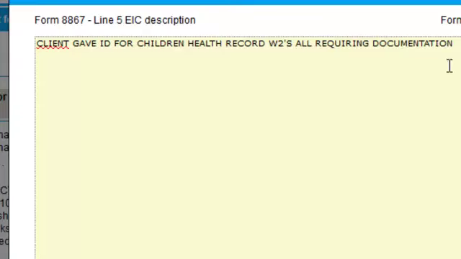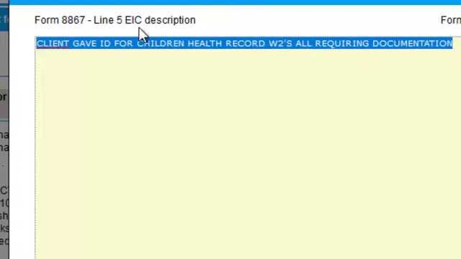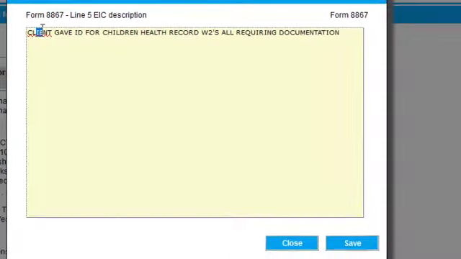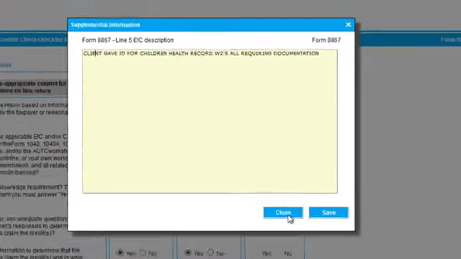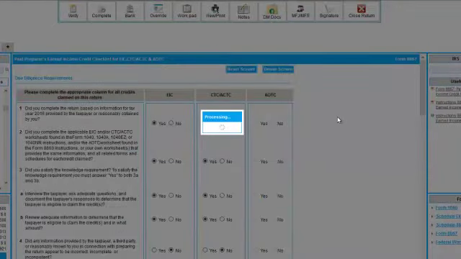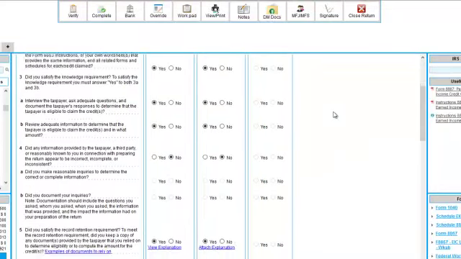I want to copy that. Look, I spelled client wrong. I think it's spelled right now. Okay. And we're going to hit, like I said, copy that. Hit save, not close. If you hit close, you're going to have to do it again.